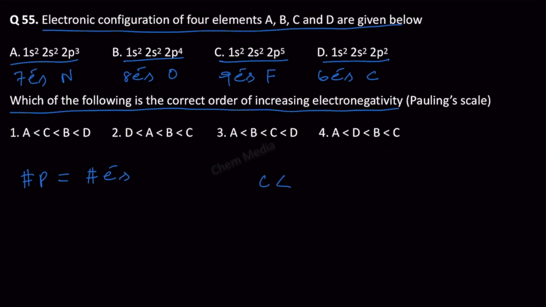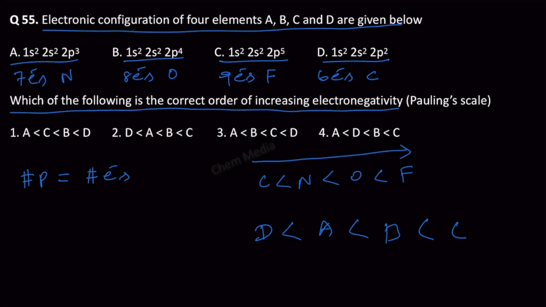So therefore carbon first, and then nitrogen, and then oxygen, and then fluorine. So electronegativity will increase from carbon to fluorine. So therefore D should come first, and that is less than A, and that is less than B, and that is less than C, which is given in option 2. Therefore option 2 is correct.